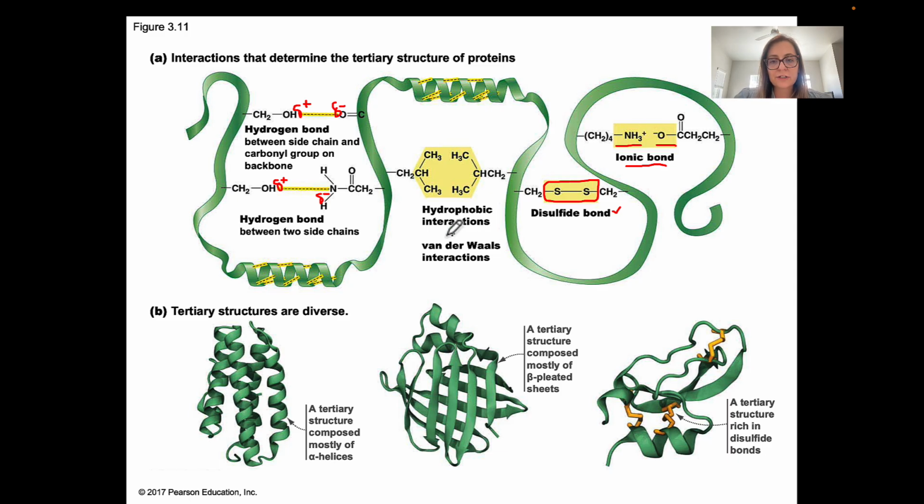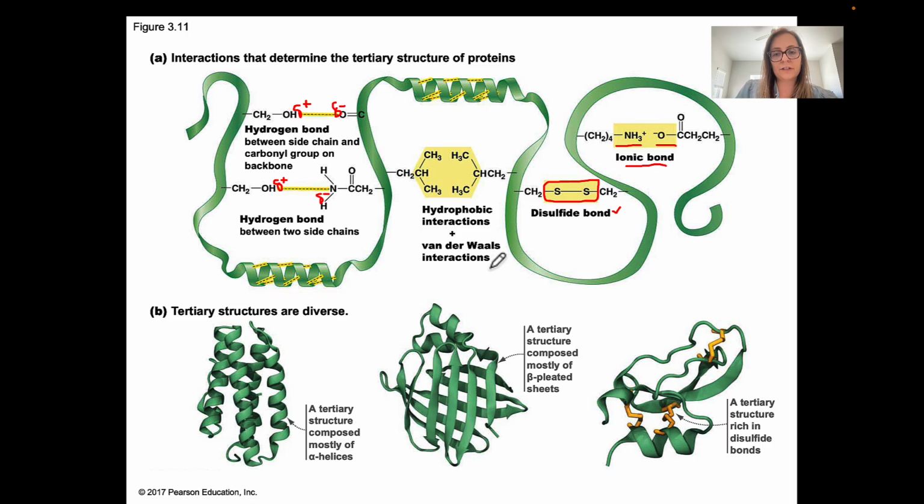The last interactions to talk about that help form the tertiary structure are the hydrophobic interactions and van der Waals interactions. There are amino acids that are primarily made up of carbon and hydrogen, and they want to avoid interaction with water. To do this, they cluster within the three-dimensional structure of the protein. They're packed in pretty tight, so they're hidden away from water. And because they're packed in tight, they're more likely to interact via van der Waals interactions.